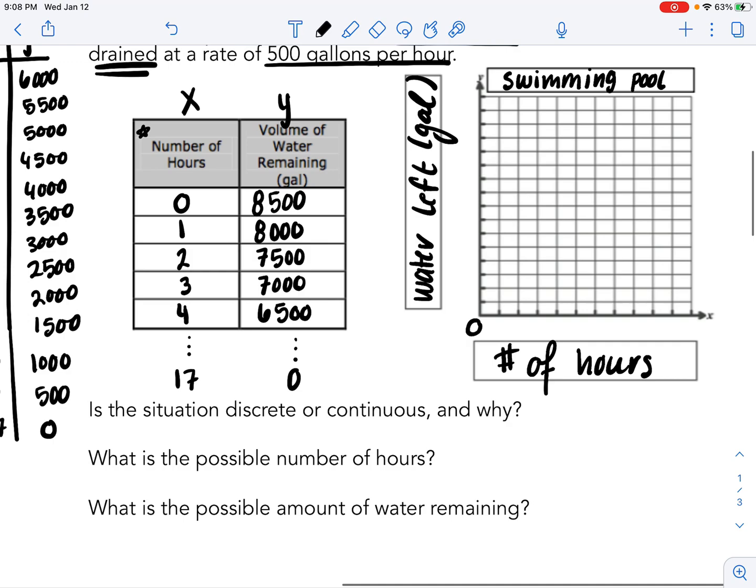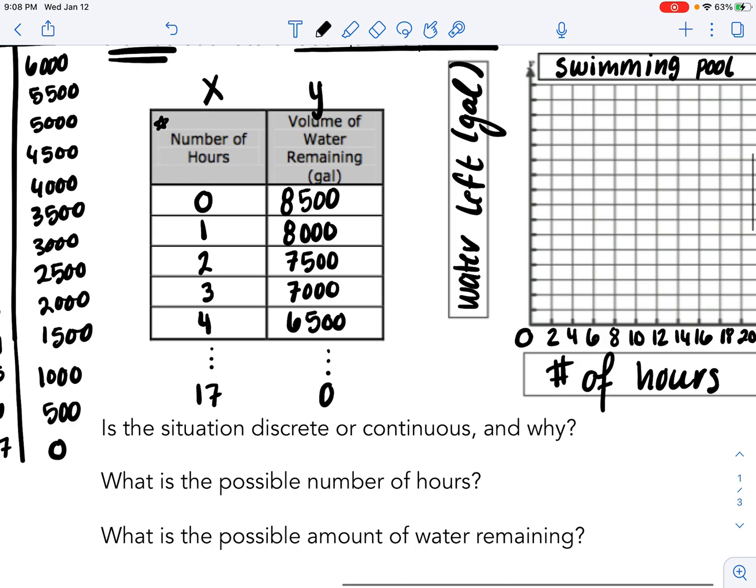And since our numbers are getting bigger pretty fast, we're going to go by evens for this one. 2, 4, 6, 8, 10, 12. And I fit all the way till 22. We should only need till 17.